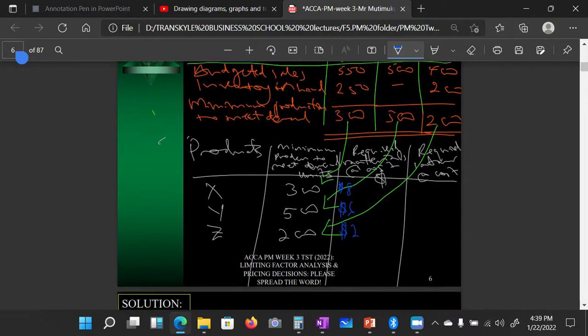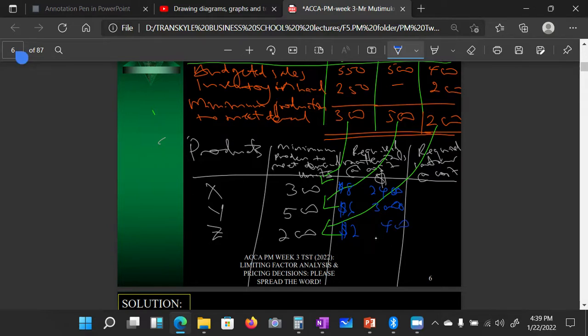All right, now we want the total amount of material costs. So 300 multiplied by 8, we get 2,400 material costs for product X, and 500 multiplied by 6, that's 3,000 for product Y, and for product Z, that's 200 multiplied by $2, that's 400.